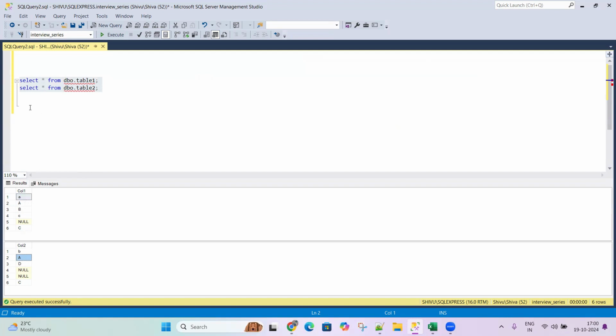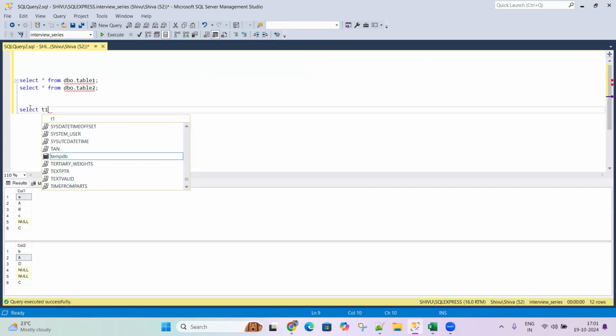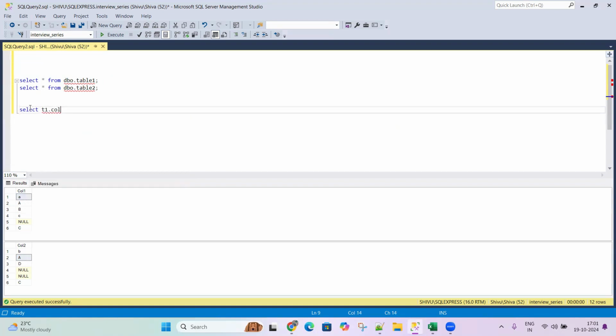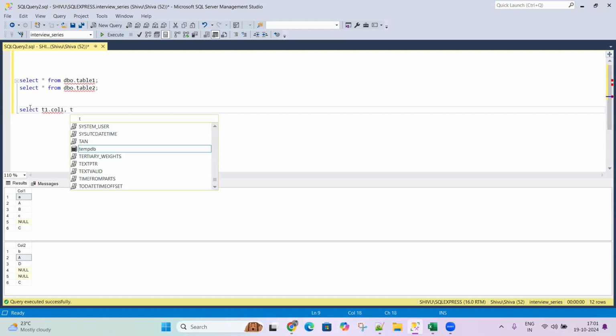What's the SQL query for joining the two tables? Simple. First is select whatever we need to select. We make an alias for table one. What we need is column one, from table two what we need is column two.